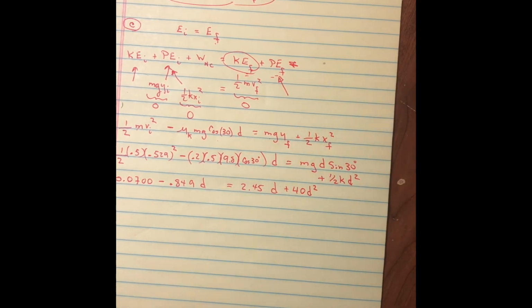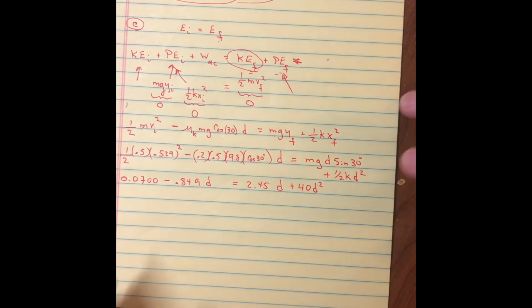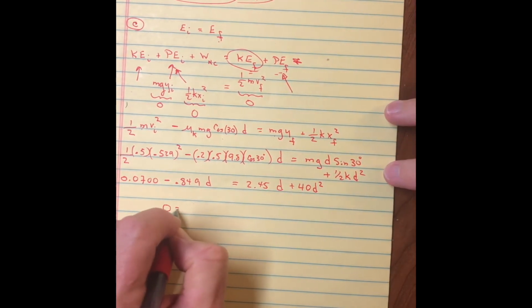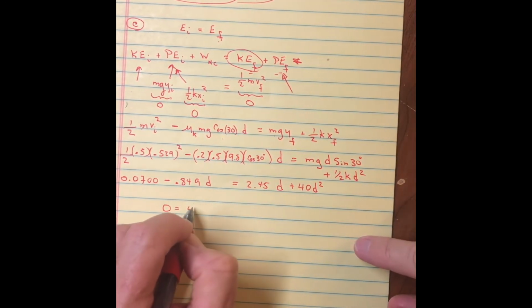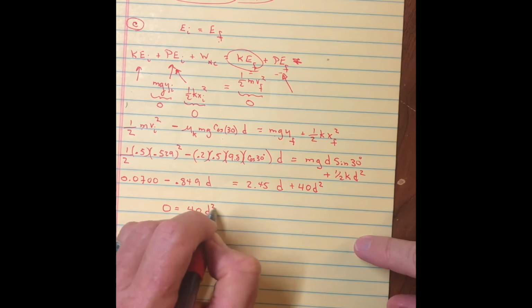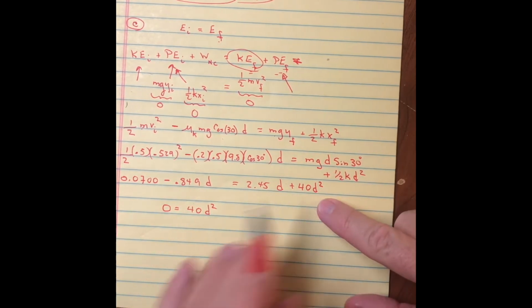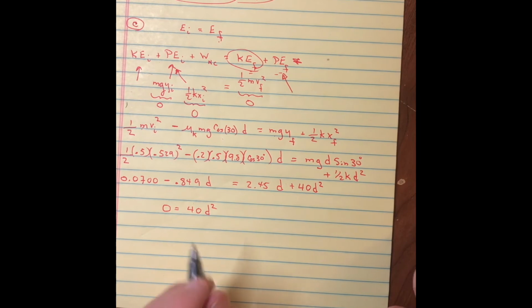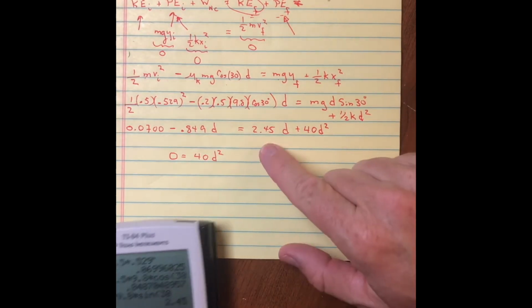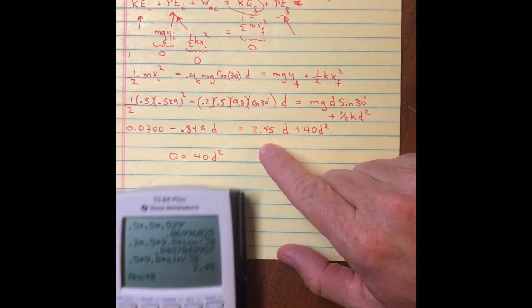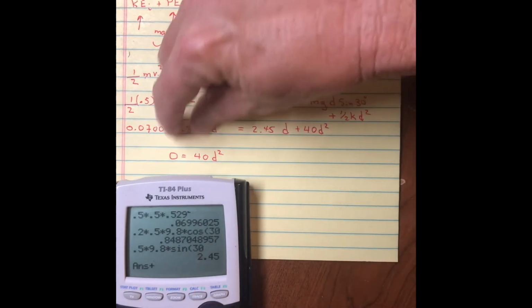So I do have all the information except for d. And I suppose maybe a bummer part is it's a quadratic equation. So I've got some algebra to do to solve for d. And it looks like this: 2.45, and bring this over.